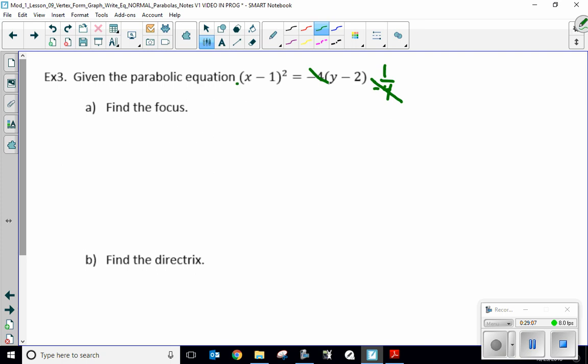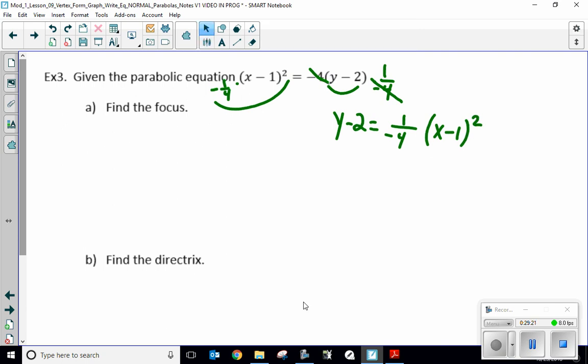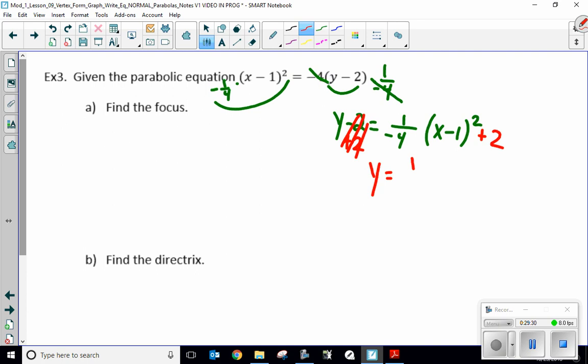So I now have y minus 2 equals 1/4 times x minus 1 squared. And the last thing I need to do is add 2 to both sides. So now my equation is y equals 1 over -4 times x minus 1 squared plus 2.